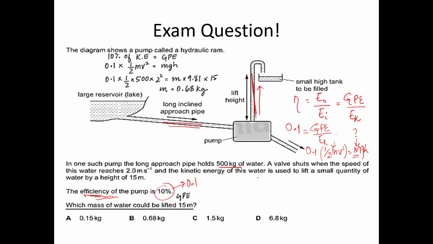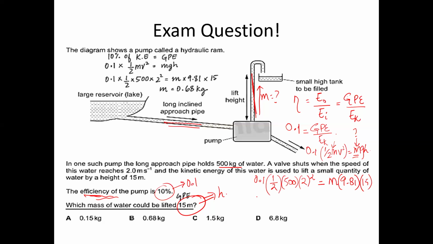So this becomes 0.1 multiplied by half. The initial mass of flowing water is 500 and it is moving with a velocity of 2 squared, which will be equal to the mass which is going to jump up times the value of g as 9.81. And how much has it jumped up? It has jumped up to a height of 15 meters.